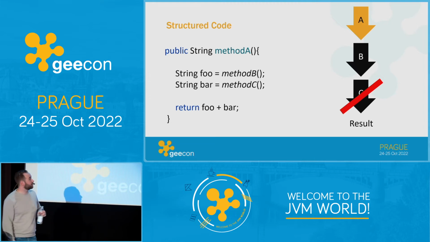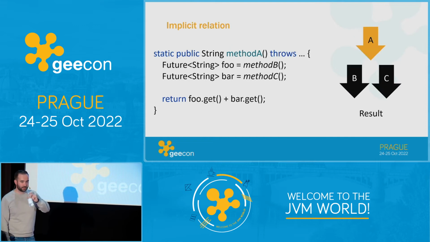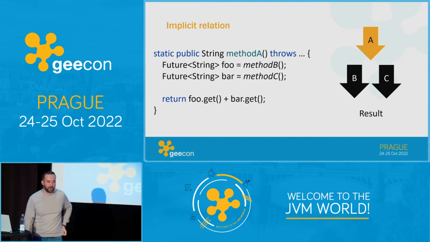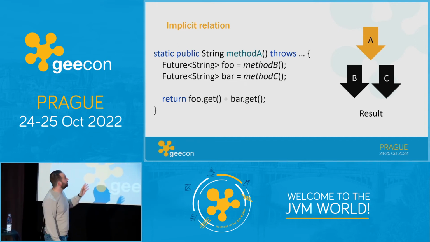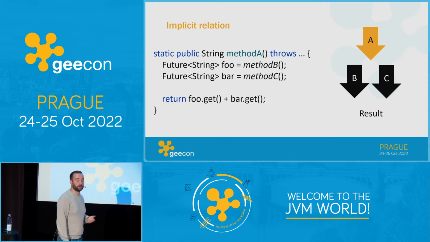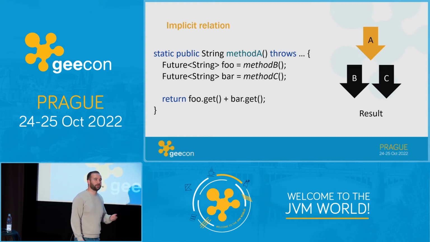So let's now take a look at the same example, but with threads. Again, I have here method A at the top. Then I will have a method B that will start some thread and will return some value in the future. And I have method C that also runs a thread to get a value for bar.